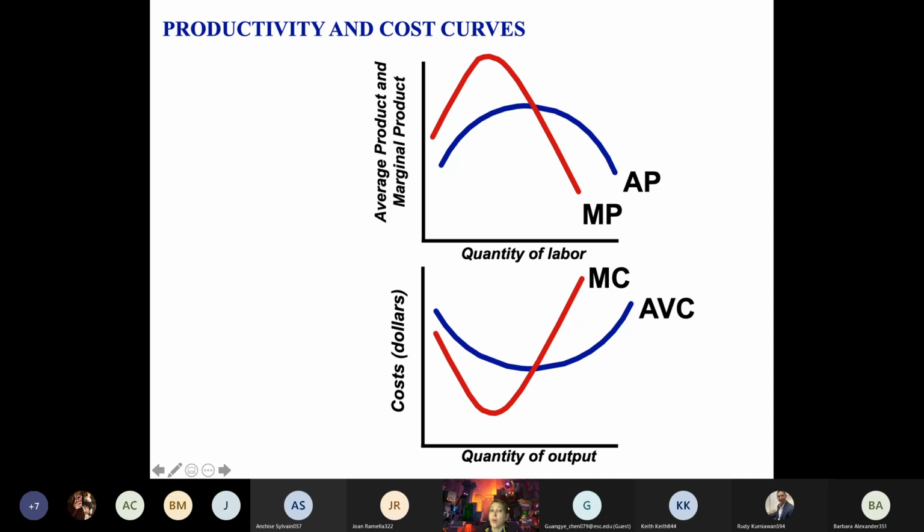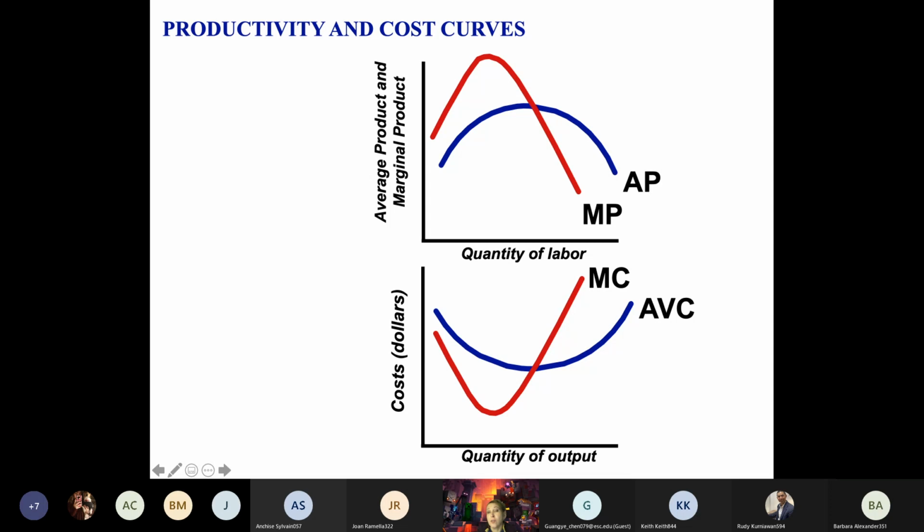As you add more and more workers, it's cheaper and cheaper to produce because these extra workers produce more and more per unit. Average product rises, right? So average variable cost falls.